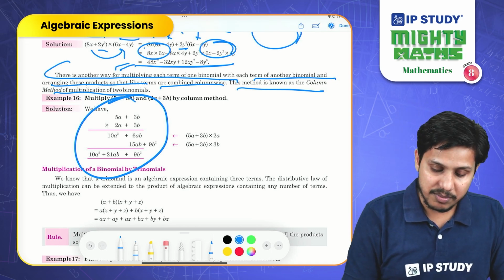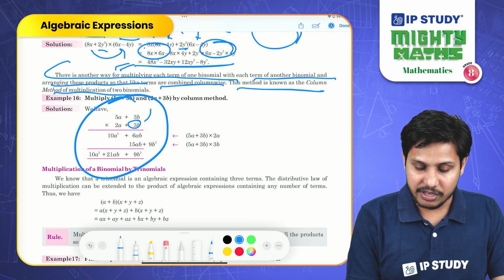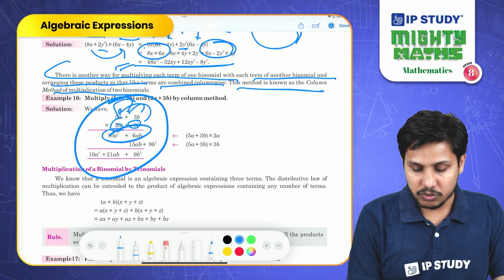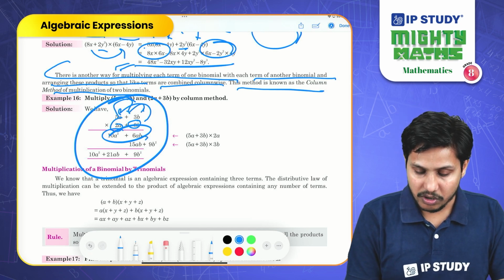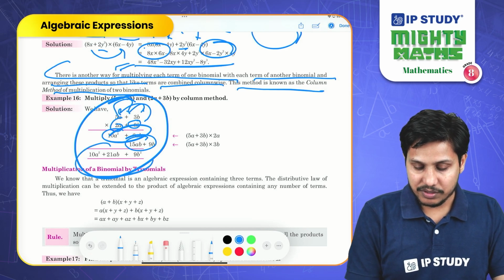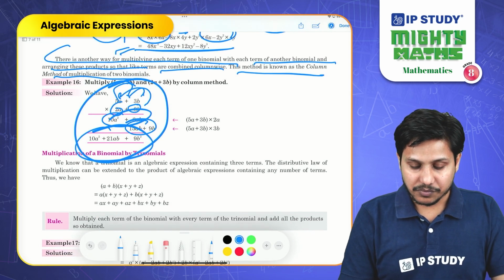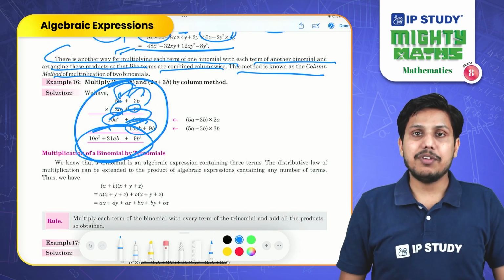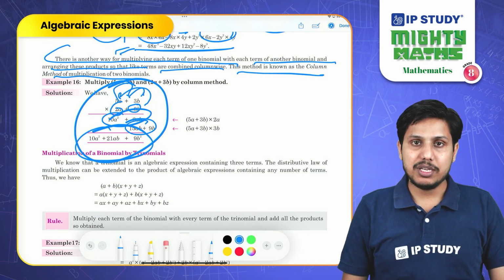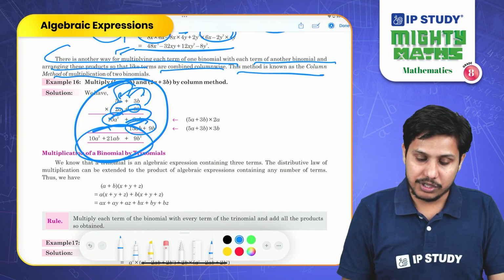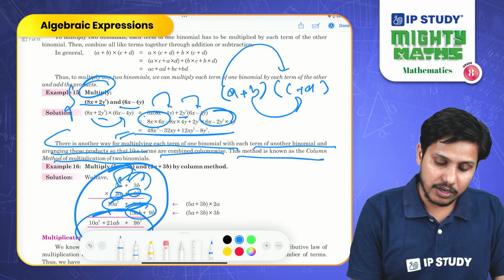Multiply 3b first with all terms, then write like this, then multiply 2a with the two terms, get the value like this, and then add like terms, and the final expression will look like this. Yes student, you can research the FOIL method that we use in multiplying two binomials and explore it, which is quite similar to what we have learned here.